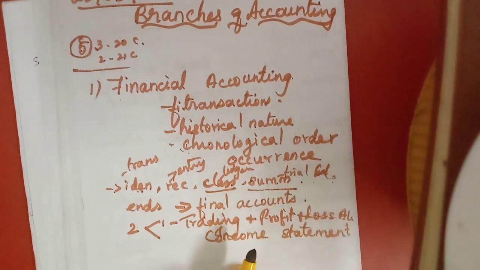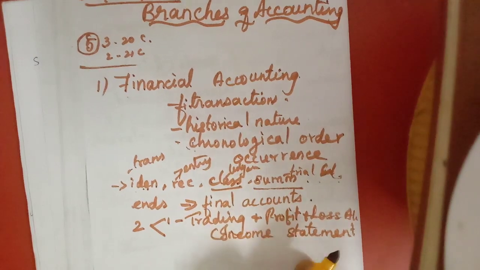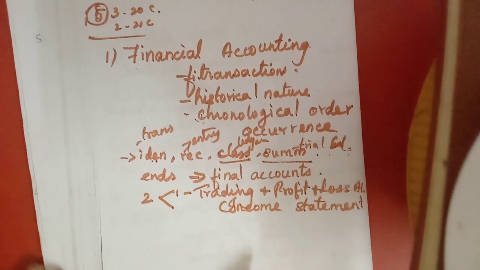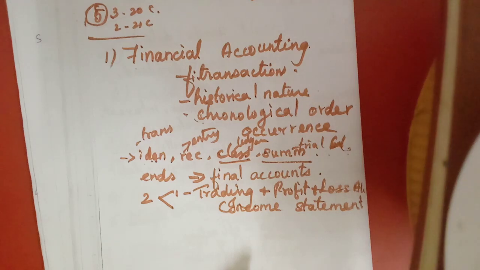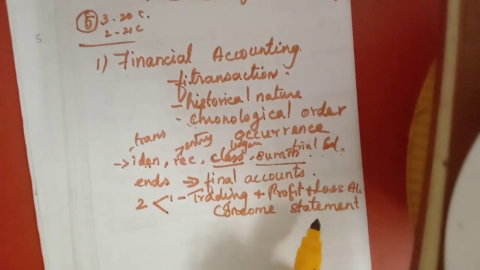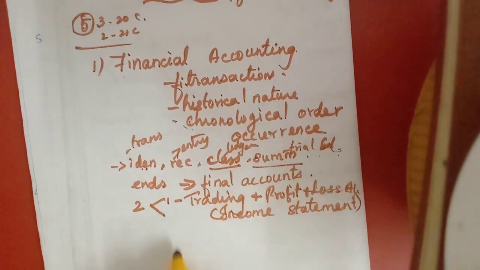It is not in the horizontal account method; it is like a statement only, on one page, to make everyone understand, because the users may be illiterate. They do not know what is debit, what is credit. For that purpose, nowadays they prepare the income statement as a statement, not an account.